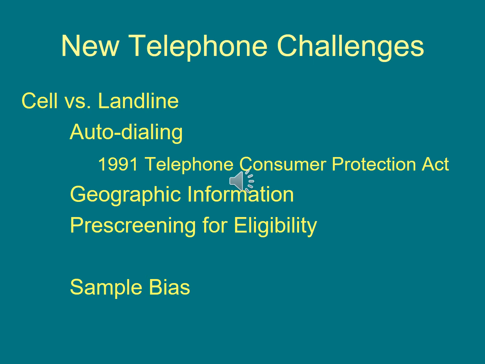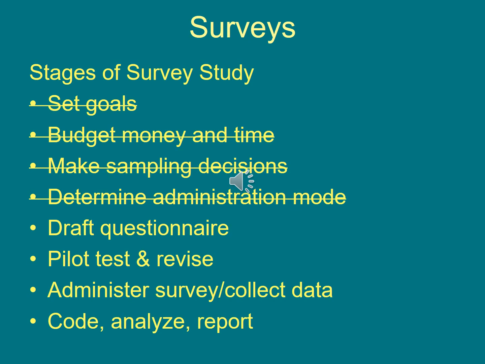Cell phones not only have younger population involved in it, but also are more likely to have a more diverse population involved in it. So if you're relying too much on landline phone data, understandable, it's cheaper, it's easier to do, but it also introduces huge sample biases and kind of messes up what you're trying to find out.